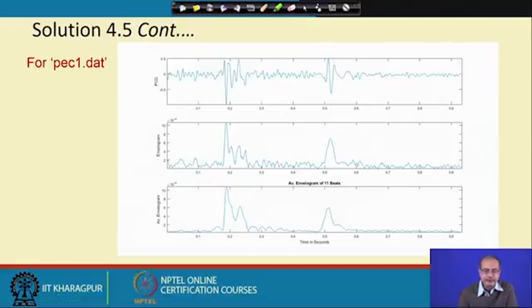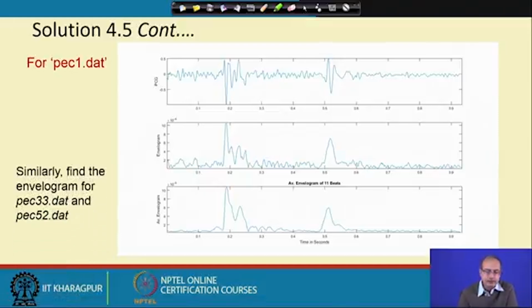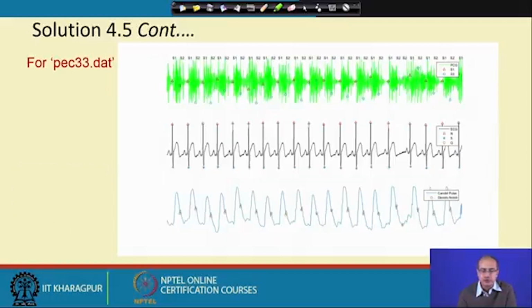Now, let us look at the next point, that in a similar way we find out for PEC33 and PEC52 dot dat. So, for the PEC33 dot dat, again we start from the beginning, that we need to find out the R wave from the ECG signal.